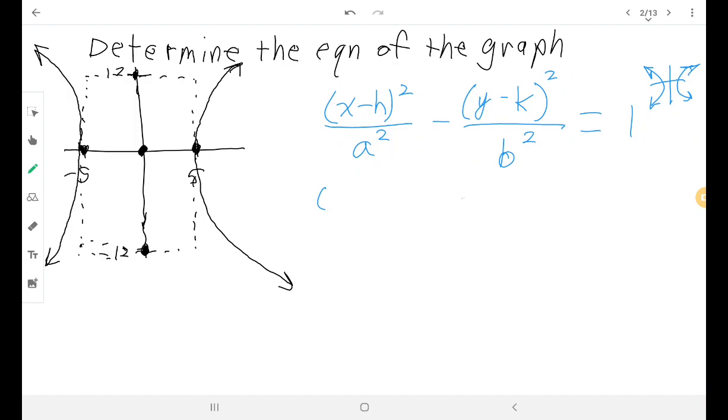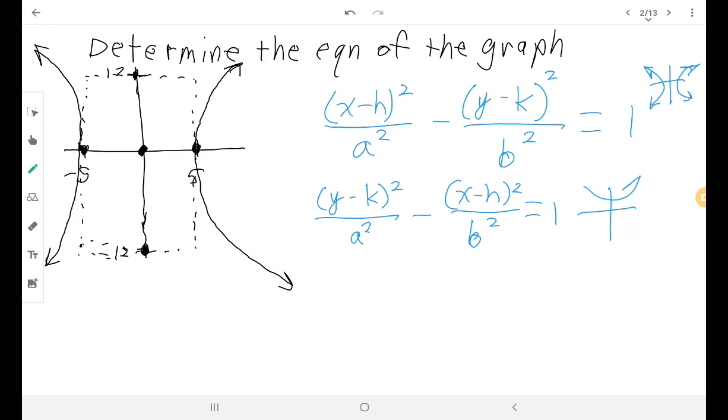The other option is that we start with y minus k all squared over a squared minus x minus h all squared over b squared, and it still equals 1, but then we get the shape where the curves are up and down. Okay, so that's the difference between the two.